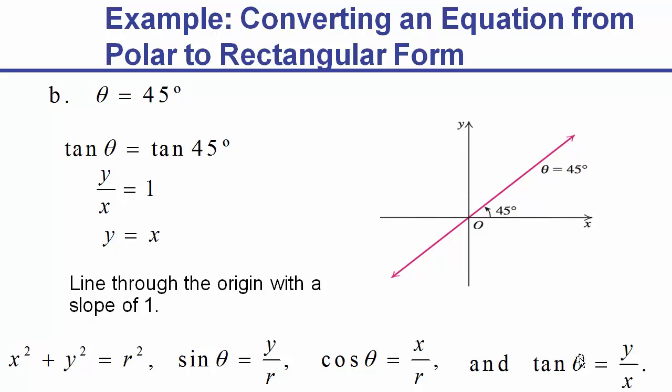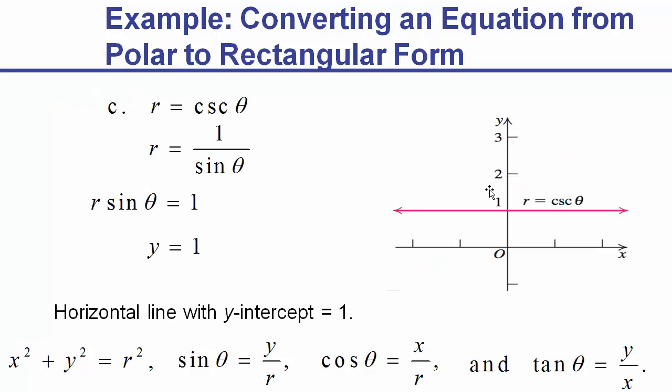And now we have tangent of theta, we swap that in, make it y over x. Y over x equals tangent of 45. If you take tangent of 45, you get 1, so that's why y over x equals 1. Multiply both sides by x. Why? Because our rules tell us get rid of fractions, decimals, and grouping objects to make things simpler. And we just get the simple equation y equals x, which is a straight line that goes through the origin at a 45-degree angle. Oh, well, duh, that's exactly what theta equals 45 is, right?